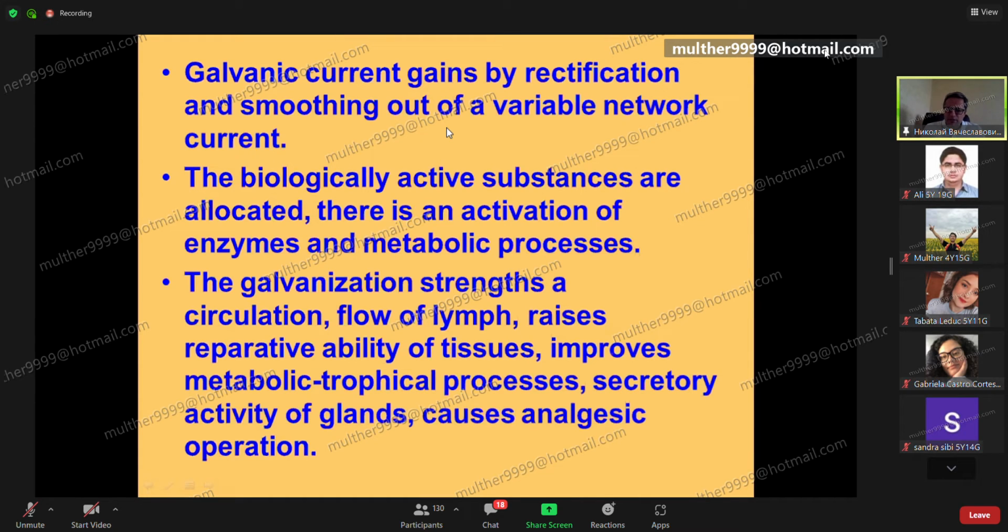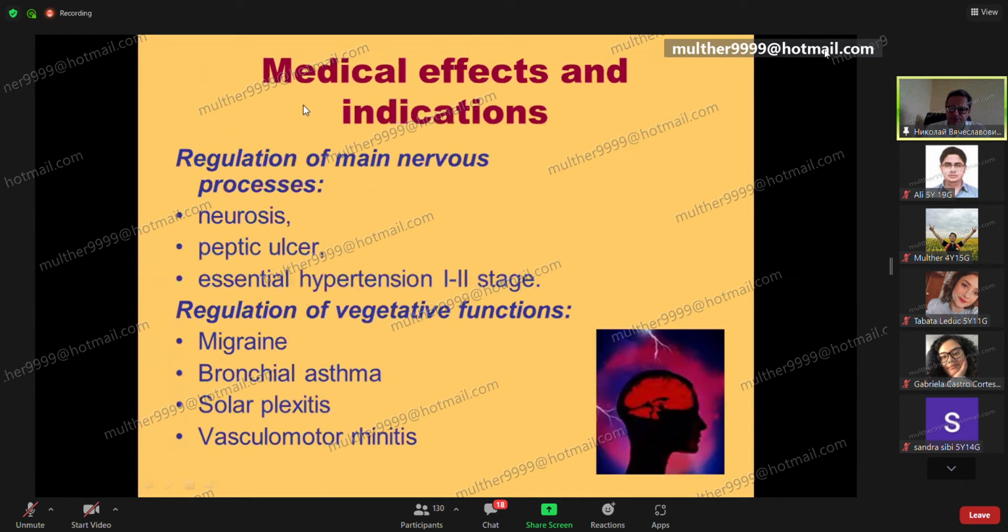Also this method can improve strength, circulation, lymph flow, raises reparative ability of tissues, and improves metabolic and trophical processes, and secretory activity of glands, and also causes analgesic operation, analgesic effect.